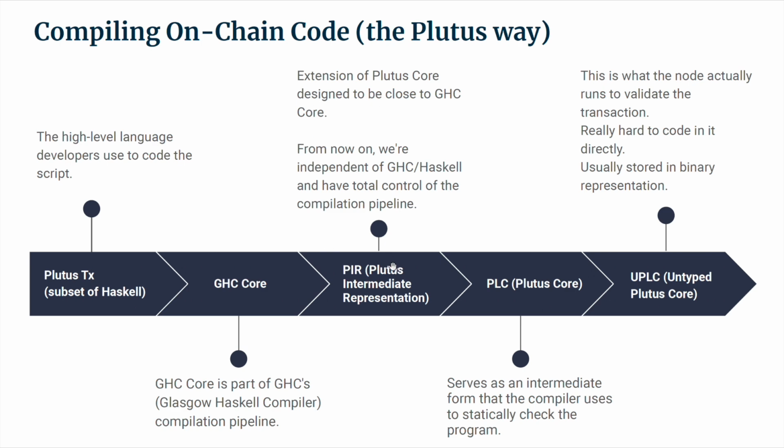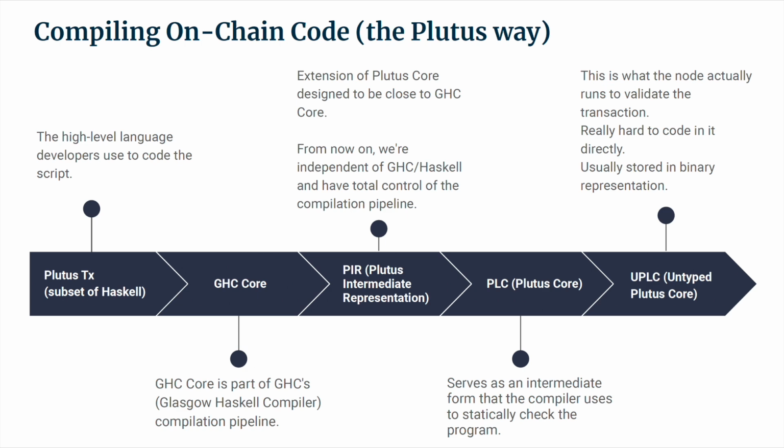This is Plutus intermediate representation. And from there we go to Plutus core, which is suitable for doing certain compiler checks. And then we finally end up with UPLC, which is the untyped Plutus core language that will actually run on the node. So this would be very hard to directly code in, and it's stored in binary, and this is what ends up on the blockchain as well.